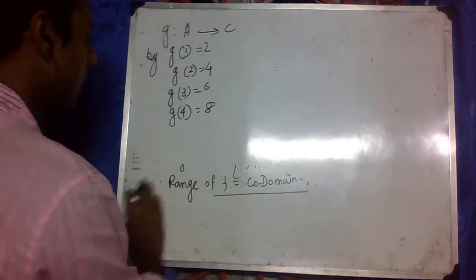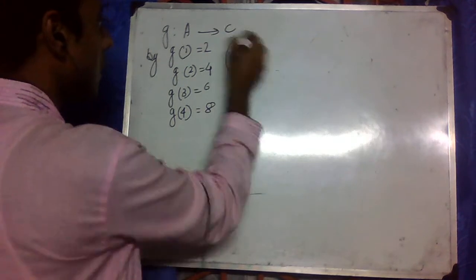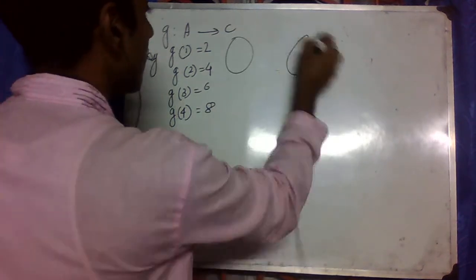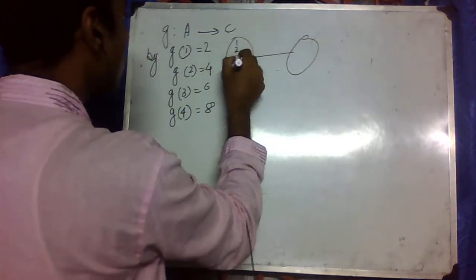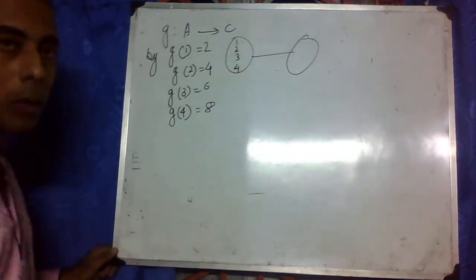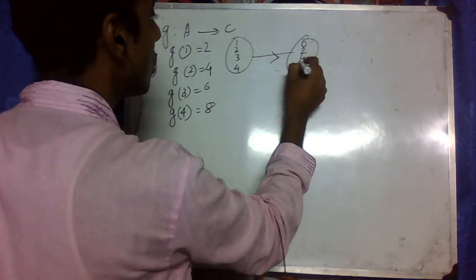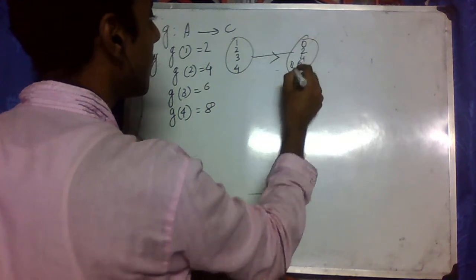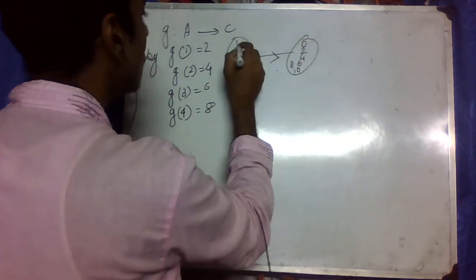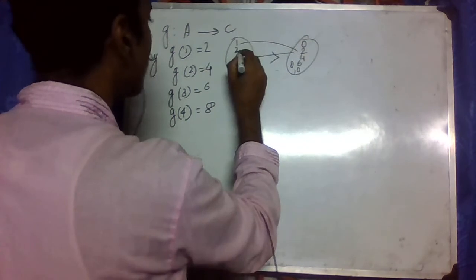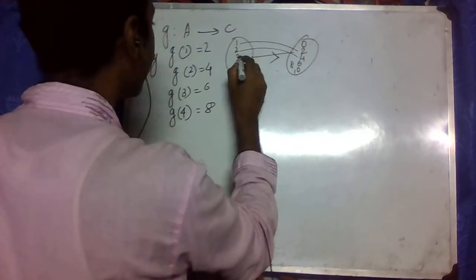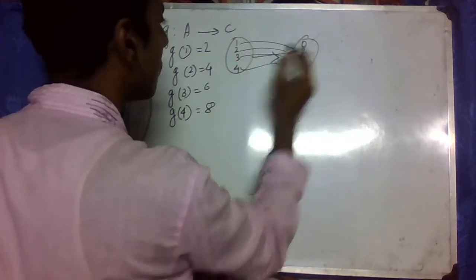That means here A is 1, 2, 3, 4 and C is 0, 2, 4, 6, 8, 10. 1 goes to 2, 2 goes to 4, 3 goes to 6.